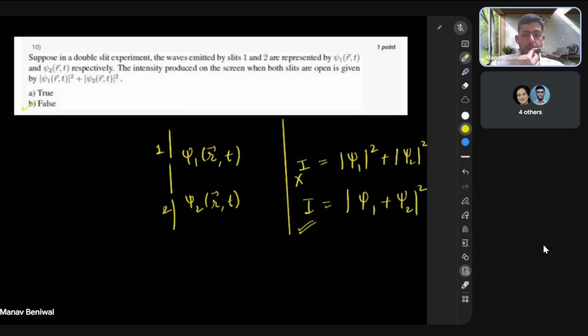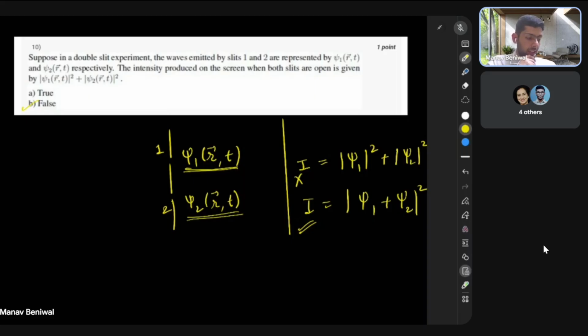Okay. So basically what we are saying is that even though we have some particles which are given by these wave functions, let's say we have electrons, psi 1 is coming from slit 1 and psi 2 is coming from slit 2. If we just consider a classical picture, we will add the electrons separately, right?